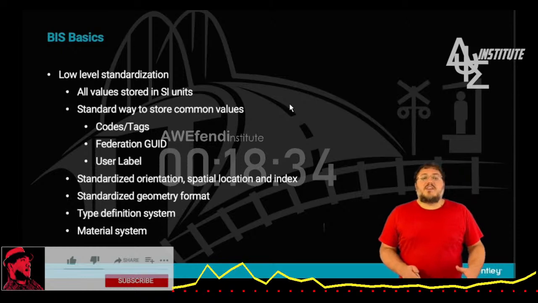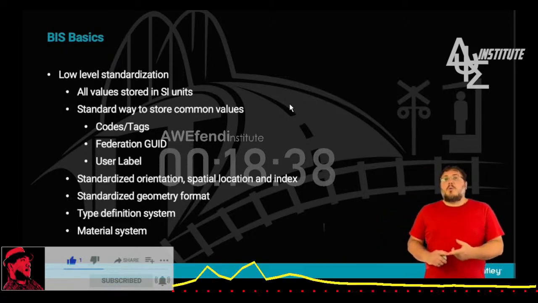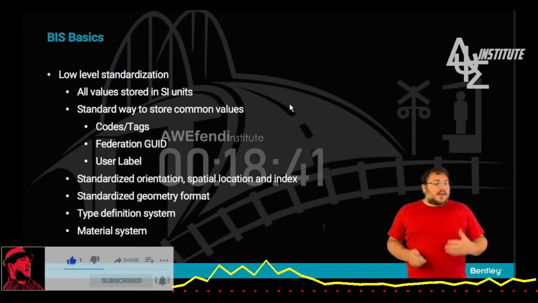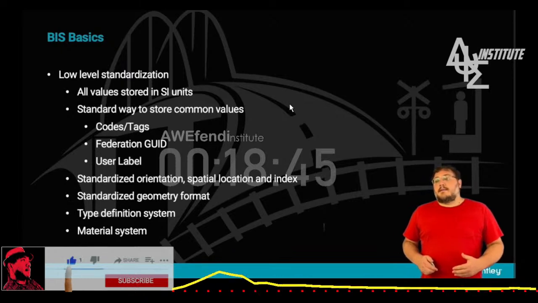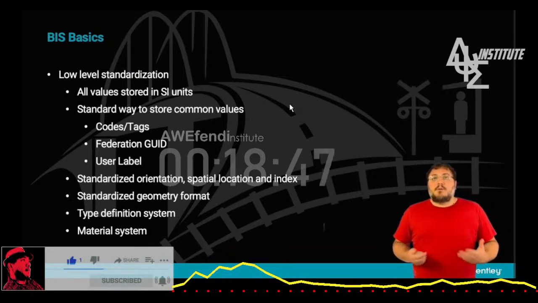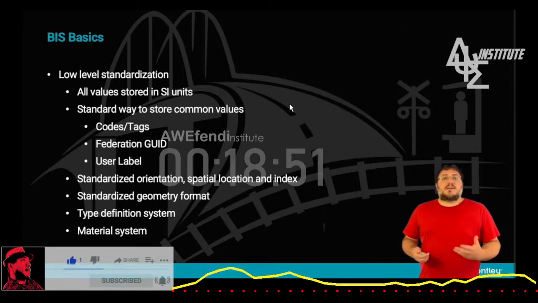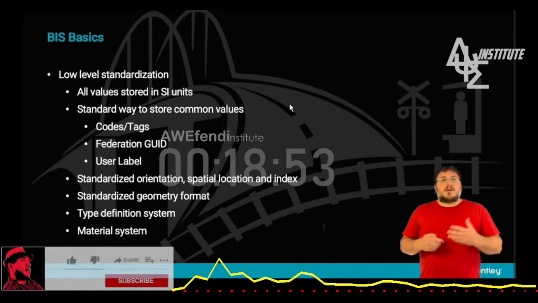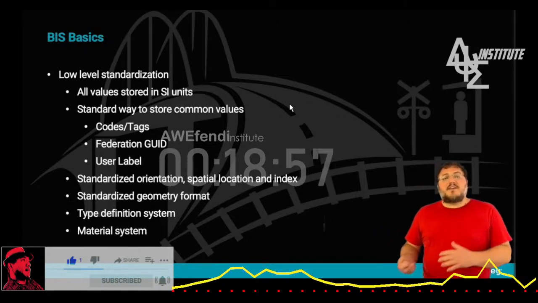Next, we have a bunch of standard ways to store common values and common concepts, and I'll highlight three. One is codes or tags. So think of a pump tag in a plant or a room number in a building. These are generally human readable things that you can use to identify some space or some element within a structure. Next, we have federation GUID.